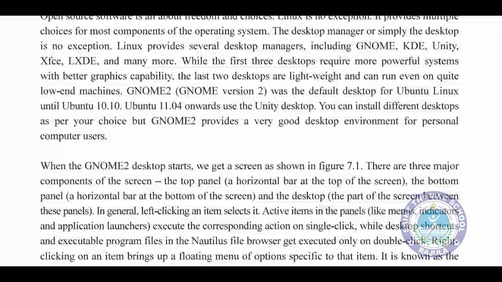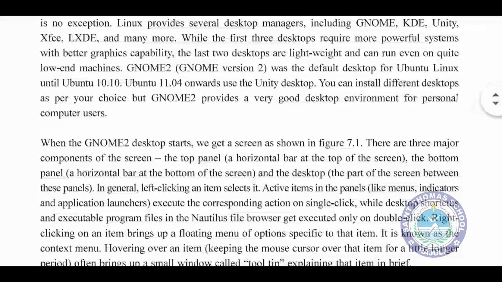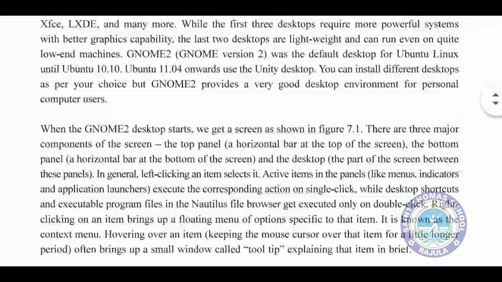The version we are discussing here is GNOME 2. This GNOME 2 version is the default desktop for Ubuntu Linux until Ubuntu 10.10. So in this chapter we are going to discuss GNOME 2, the default desktop till version 10.10 of Ubuntu Linux. The versions we have already discussed.